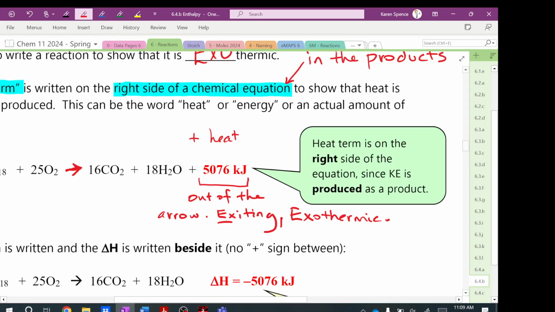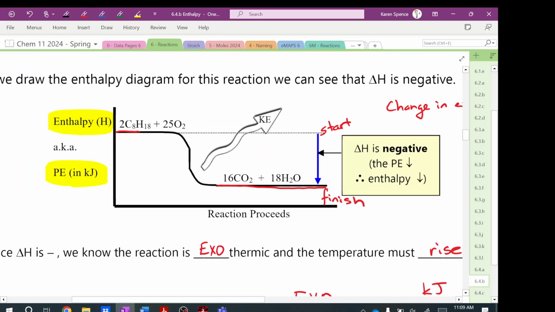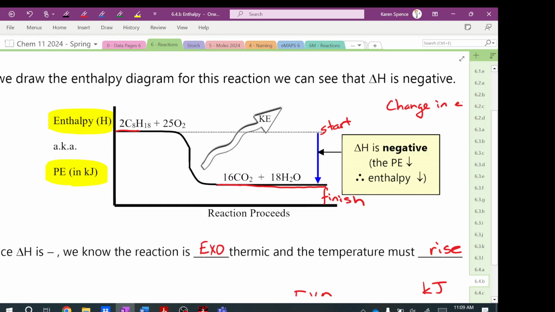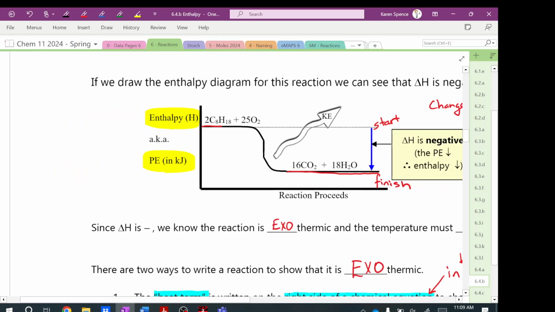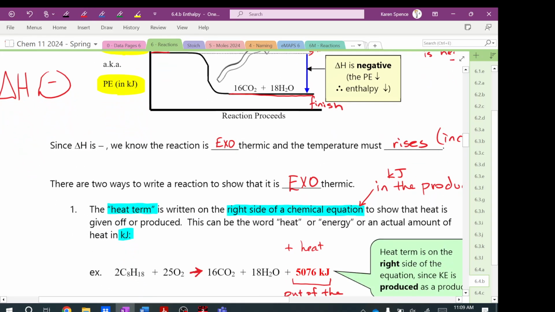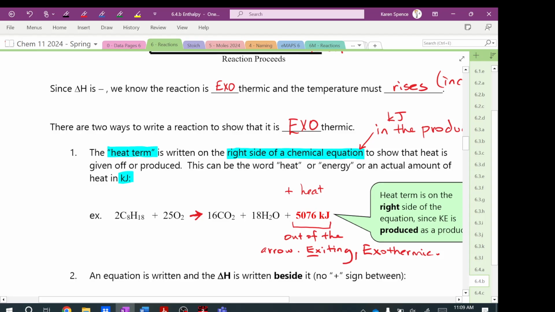If my kilojoules are in the products, it's exothermic. If my graph starts high and finishes low, it is exothermic. If I am told that my change in enthalpy, my delta H, is negative, I know that it is exothermic. So you can tell that a reaction is exothermic if the delta H is negative, if the graph goes down, or if the heat term is in the products.